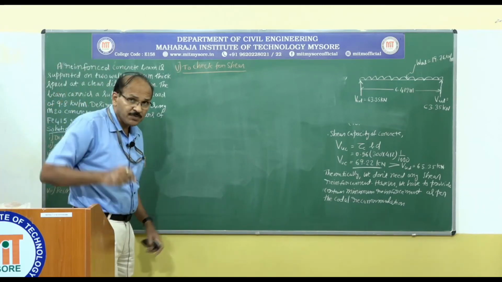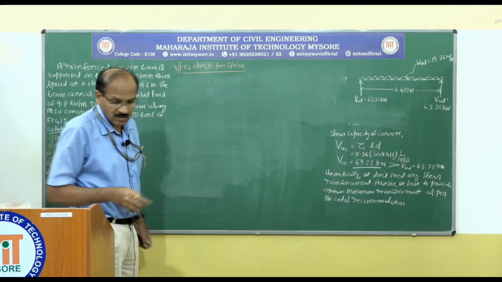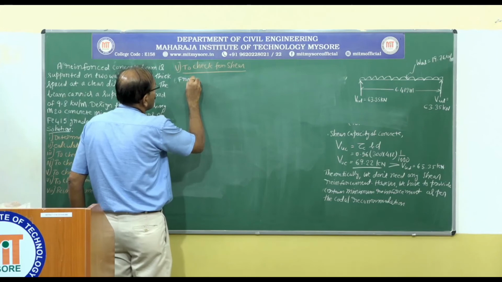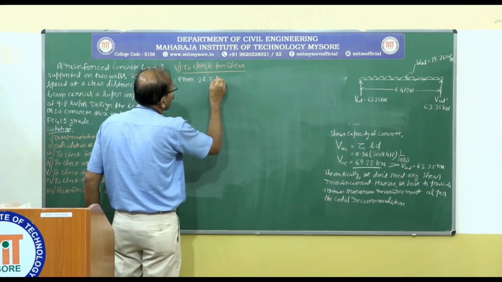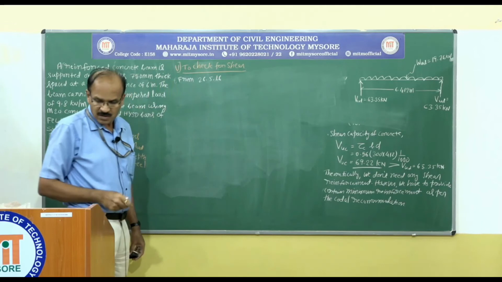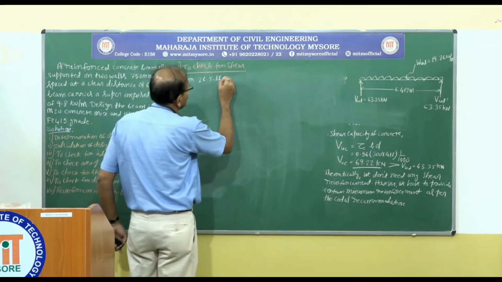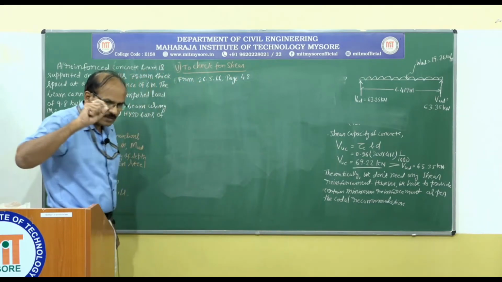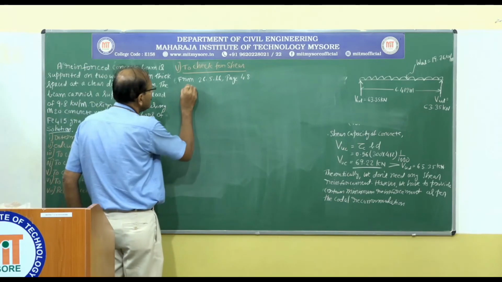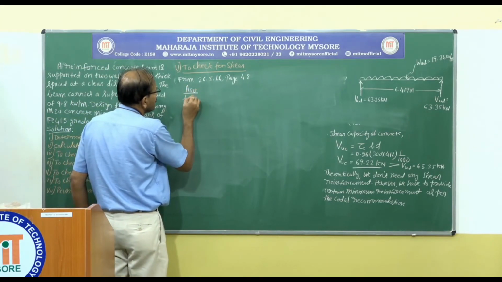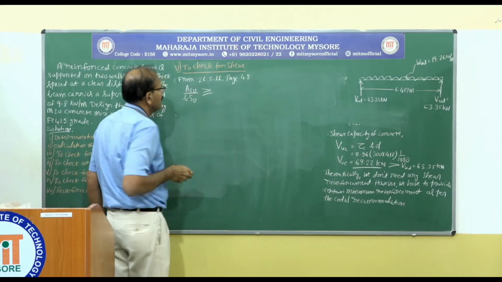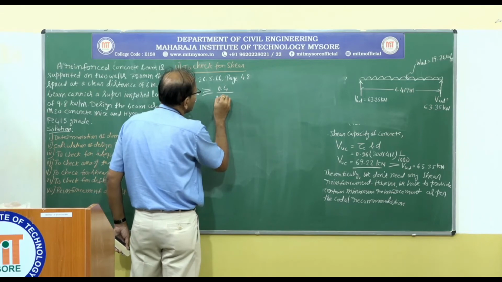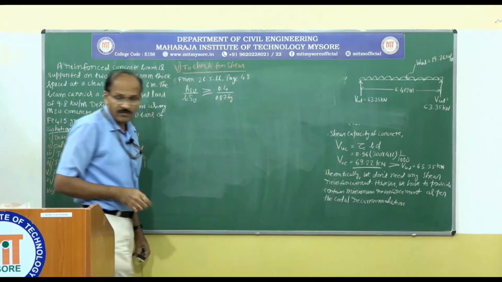So if you refer to 26.5.1.6, page 48, we have to provide the stirrups in such a way that this condition is satisfied: ASV divided by B SV is greater than or equal to 0.4 divided by 0.87 Fy.